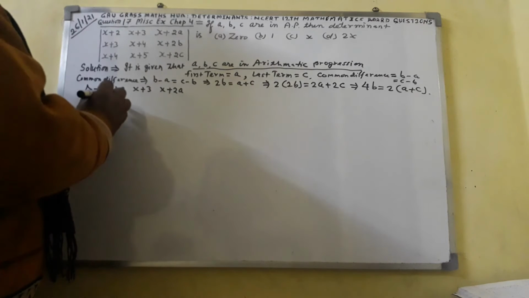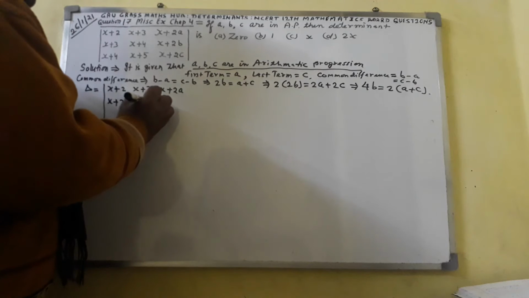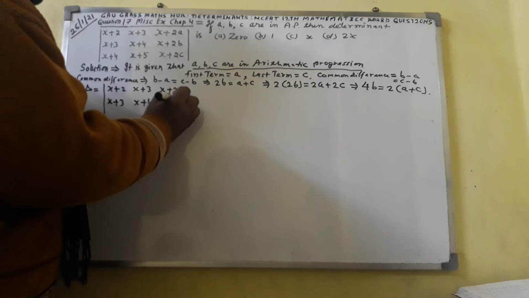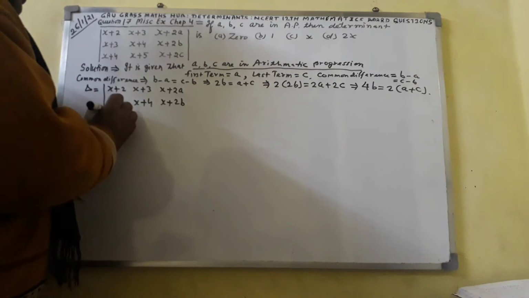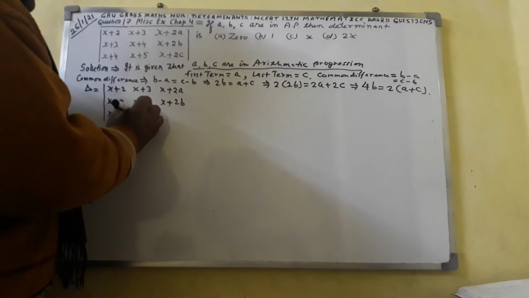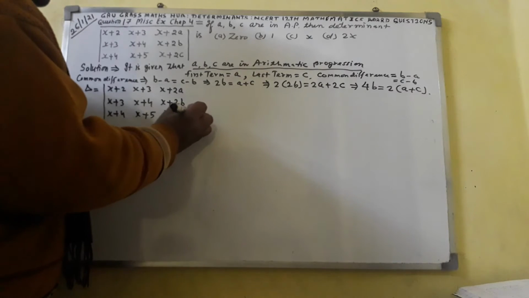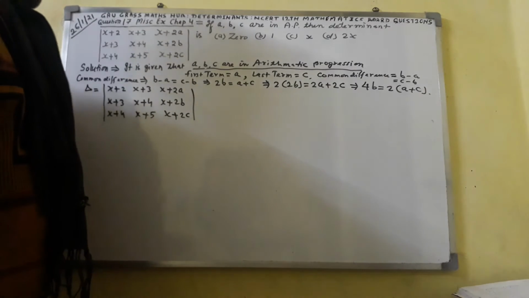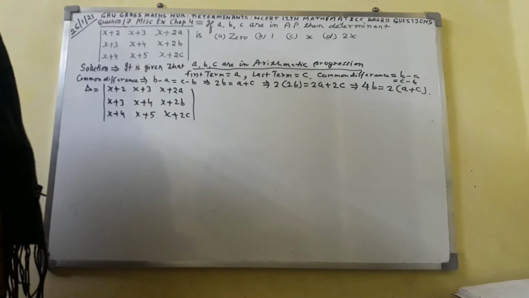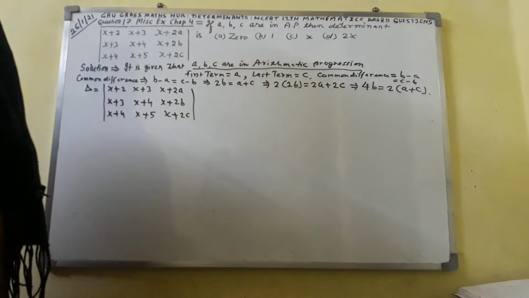Elements of second row x plus 3, x plus 4, x plus 2b. Elements of third row x plus 4, x plus 5, x plus 2c. I have written it like this. Now here I shall use tricks of properties in the determinant.